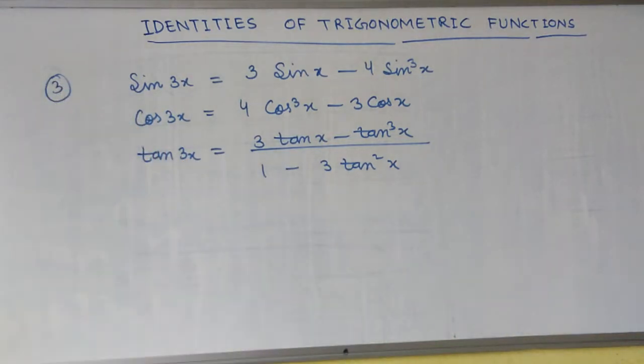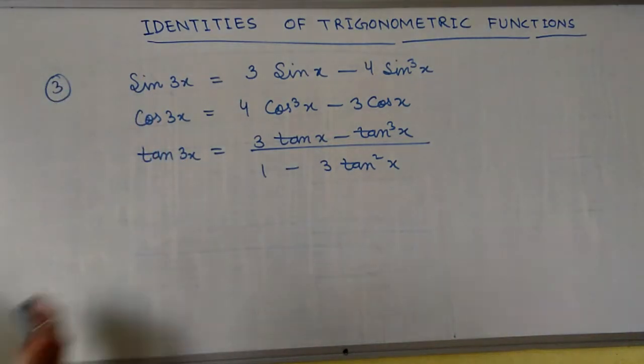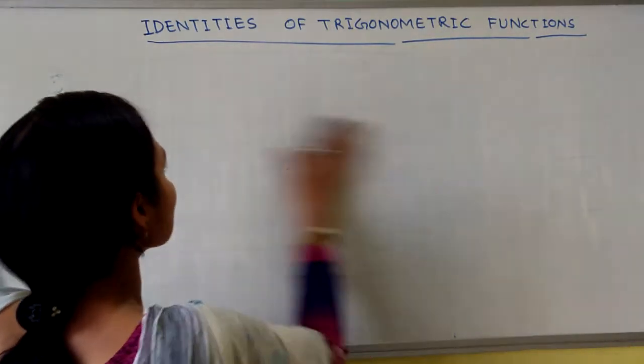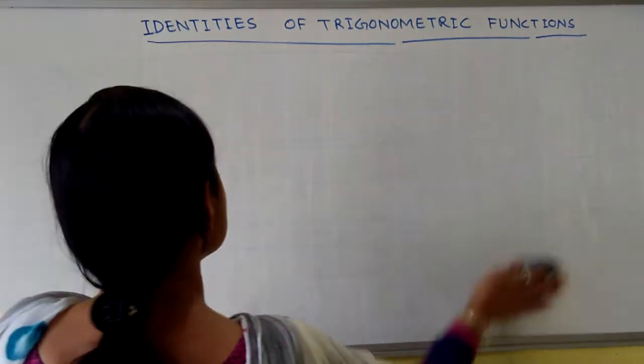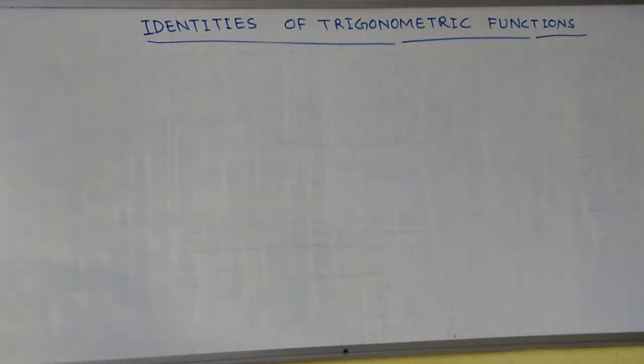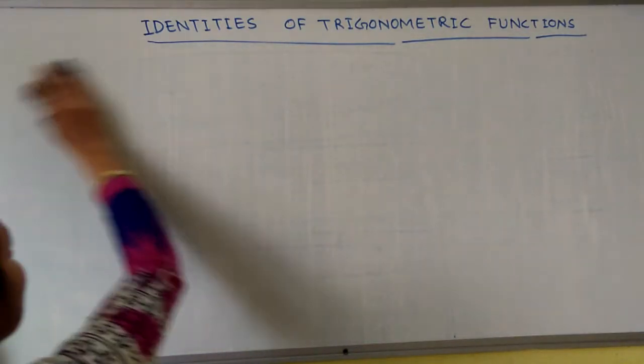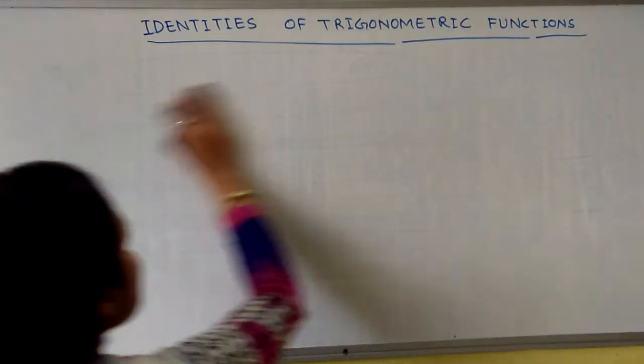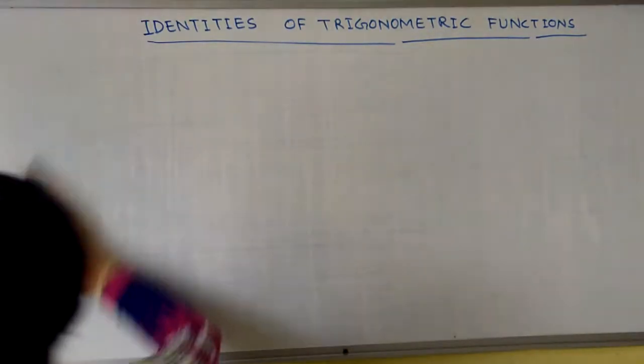Okay, come to the fourth type. The fourth type is cos x plus cos y. Now there are different angles with the cos.